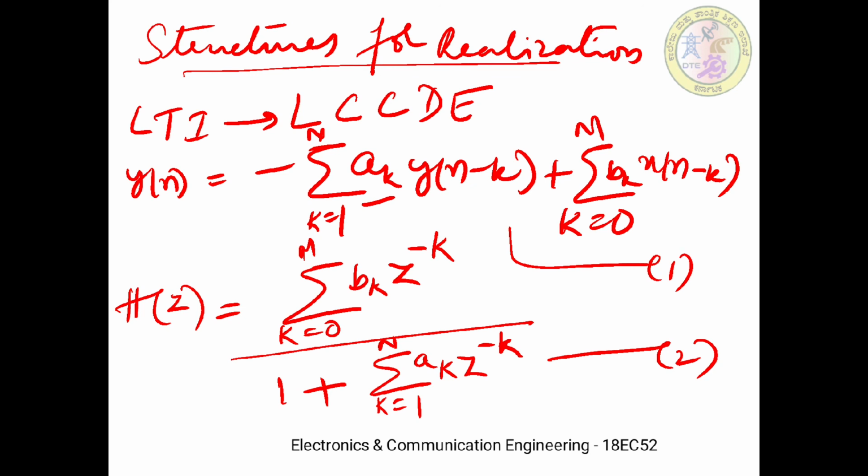Alternatively, the structures in block diagram form imply hardware configurations for implementing the systems. Therefore, in the next session we will see how exactly to draw the structures for finite impulse response systems, or FIR systems.